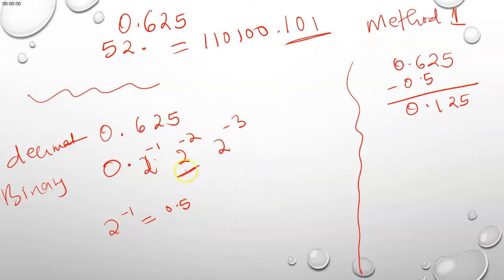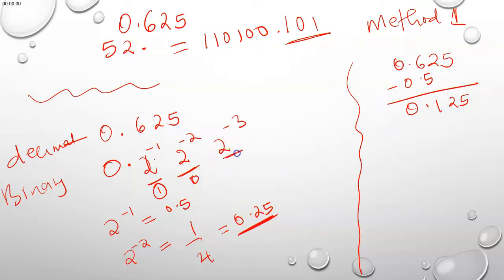The second one, 2 to the power minus 2, is equal to 1 over 4, which equals 0.25. This one is bigger than 0.125, therefore we say it cannot be used to represent it, and the second digit will be 0. So the first was 1 because it's representing our 0.5, and this is 0.